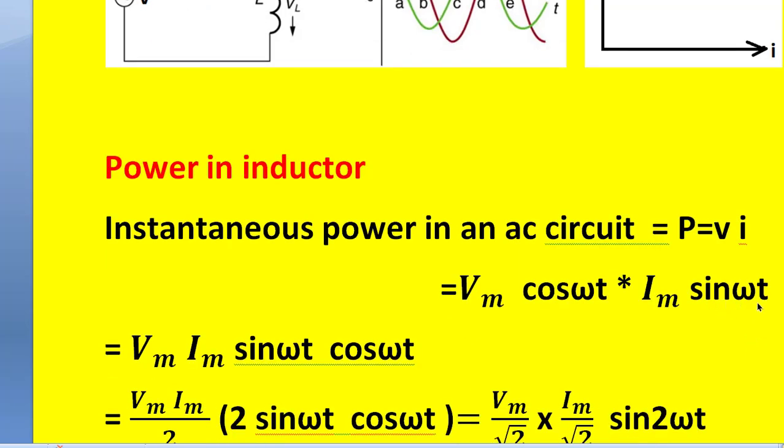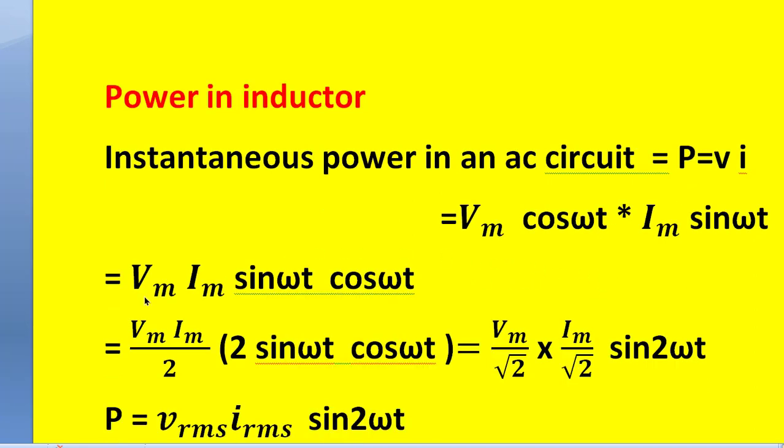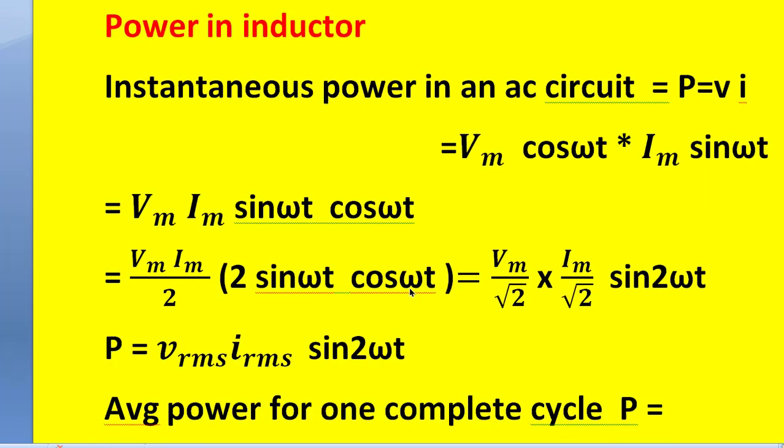Im sin omega t is taken as a reference, and using that we got this V, that is L di by dt, which gives Vm cos omega t. Then bring Vm Im together, that is Vm Im sin omega t cos omega t.